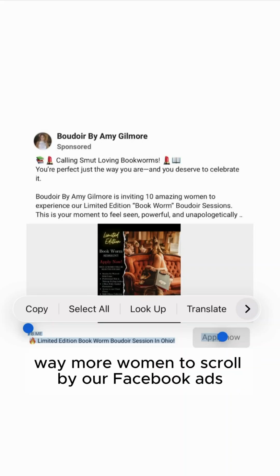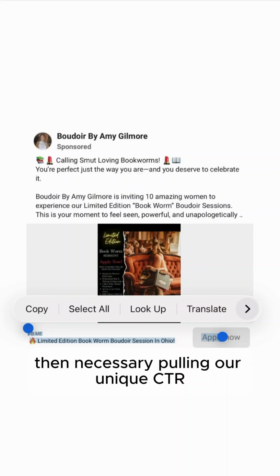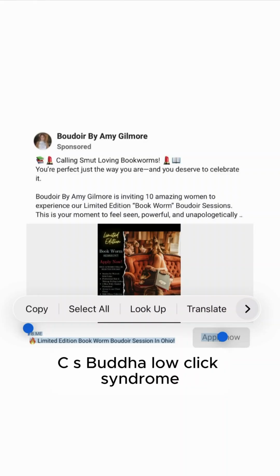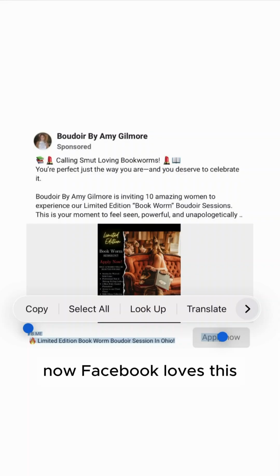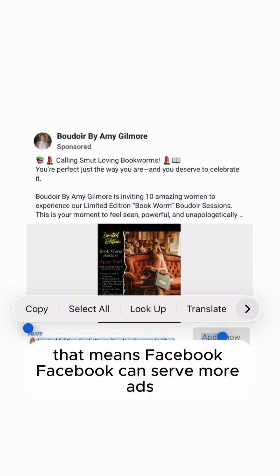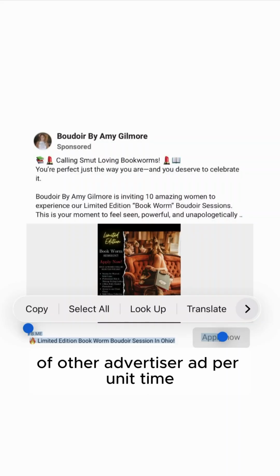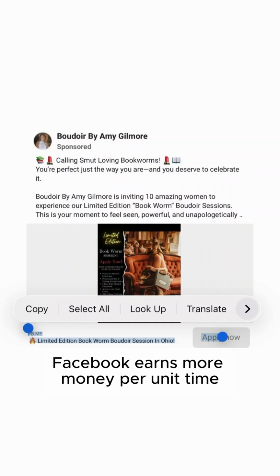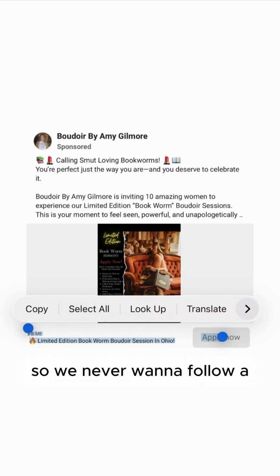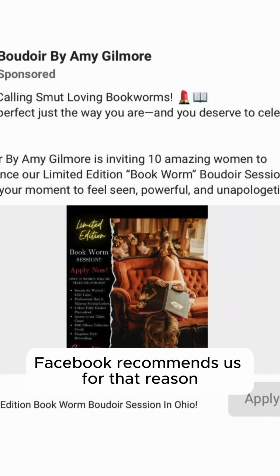It causes way more women to scroll by our Facebook ads than necessary, pulling our unique CTR under 6% and contributing to BLCS. Facebook loves this because the more women that scroll by our ad per unit time, Facebook can serve more impressions of other advertisers' ads per unit time. Facebook earns more money per unit time the more women scroll by our ads. So we never want to follow what Facebook recommends for that reason.